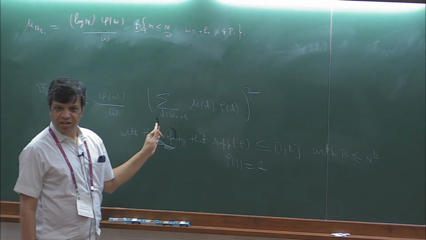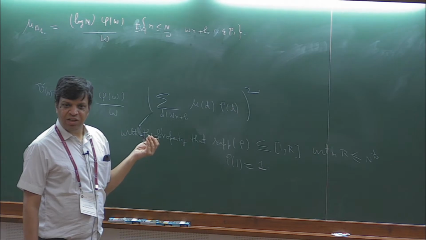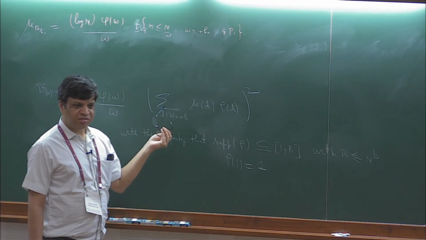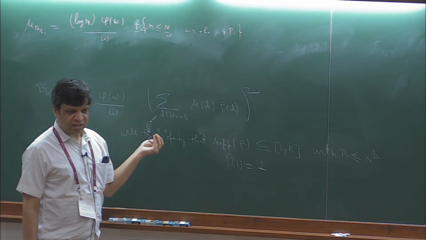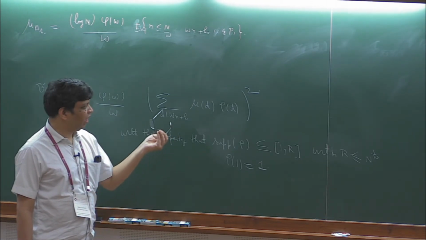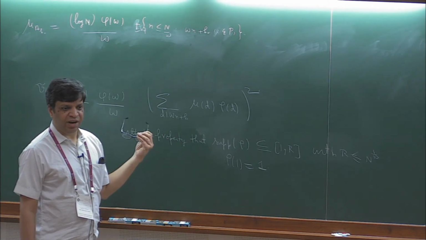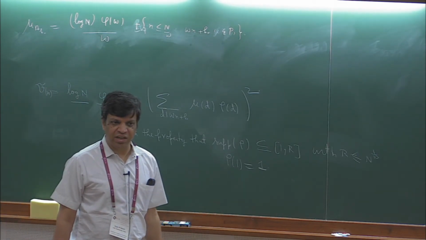So if Wn + b is a prime, then the only d which counts is 1, because there is no other d in the support of rho which divides Wn + b, since Wn + b is a prime greater than n to the 1 by 10.